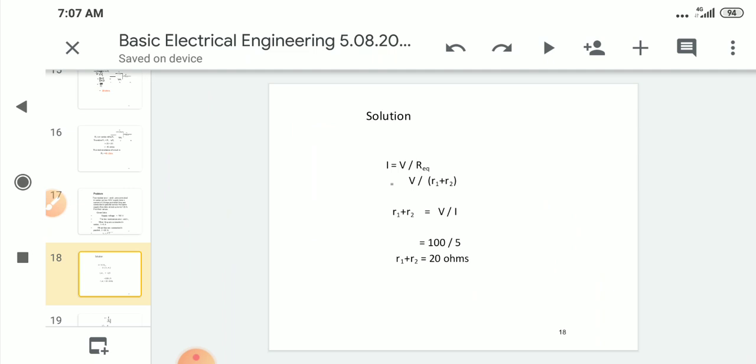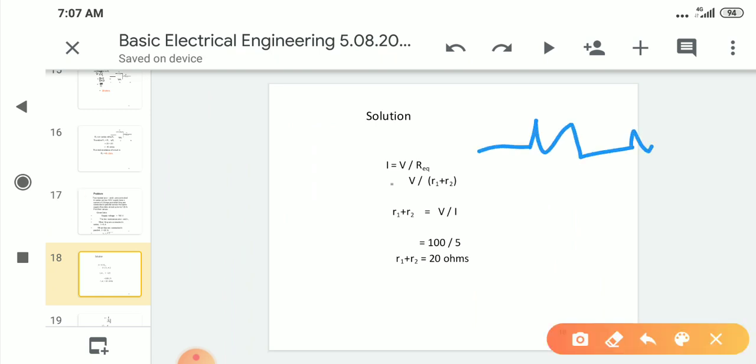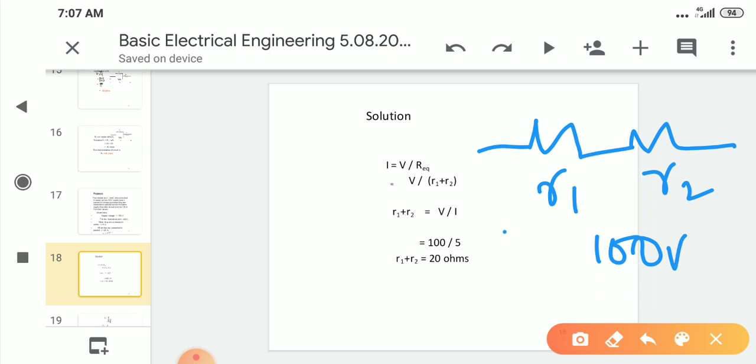In this, first take the series combination, R1 and R2. The voltage supply is 100 volts. This is the circuit. Here I is given as 5.